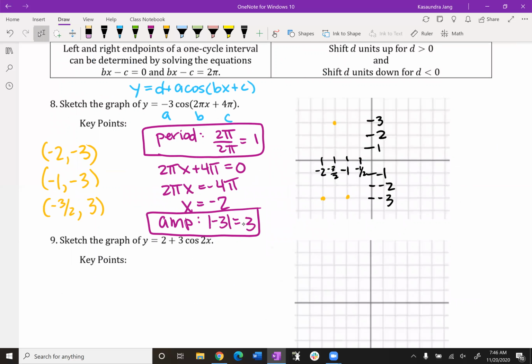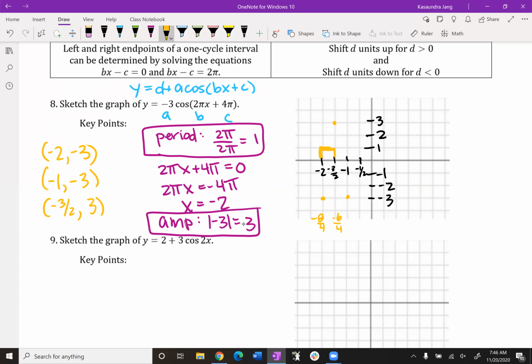So let's see, between -2 and -3/2, if I turn those into fourths, it's like a -8/4 and a -6/4. So right in the middle of that would be a -7/4.